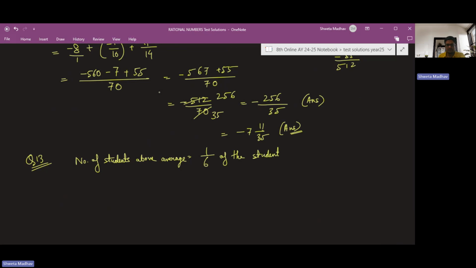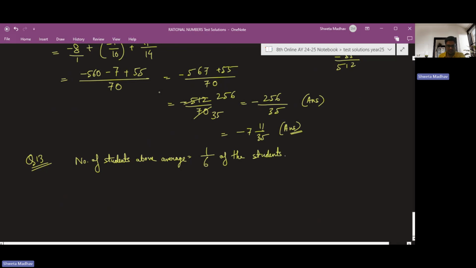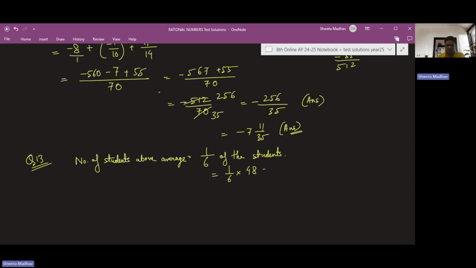So there are 48 students in all. Therefore, 1/6 of the students means 1/6 of 48. So this will be equal to 8 students. So 8 students are above average.